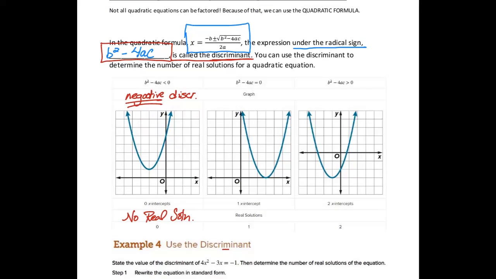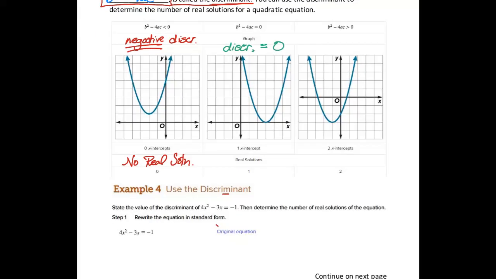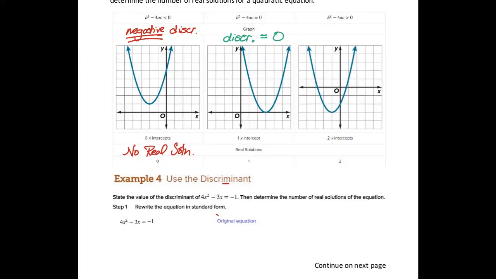Sometimes your discriminant is going to equal 0. So here, the discriminant is equal to 0. Exactly. Okay? When you have that, this is where you have the bounce, the double root, and you are going to have one real solution.